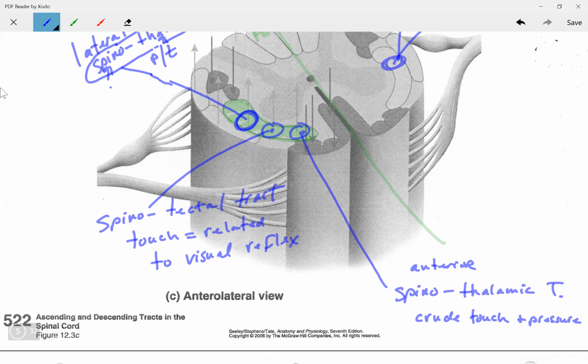But if you squeeze it, you kind of already know through the spinotectal tract that this is going to hurt, because the sharp part of the tack can pierce the skin and cause pain. So you would recruit this area, the anterior spinothalamic tract, be an example of that.